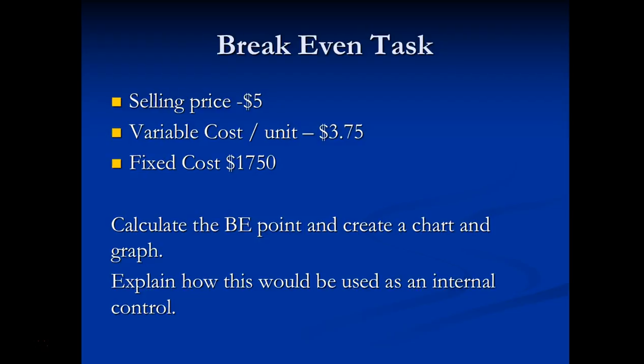So that would obviously be this fixed cost figure here, divided by our selling price, taking away 375, which would leave us 125. So that will come out to a figure. Now, what we can do is calculate it, and we can also create a chart illustrating the different prices of revenue that we're going to be receiving across different production levels against the total cost levels.